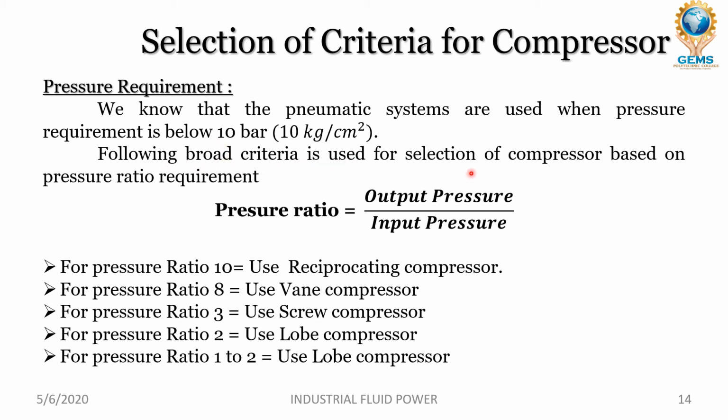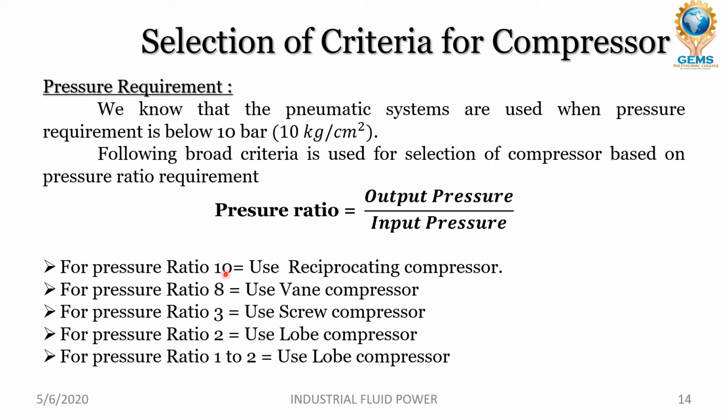The following broad criteria are used for selection of a compressor based on pressure ratio requirement. According to the pressure ratio requirement, we select the compressor. What is the pressure ratio? Pressure ratio is defined as the ratio between the output pressure from the compressor to the input pressure.